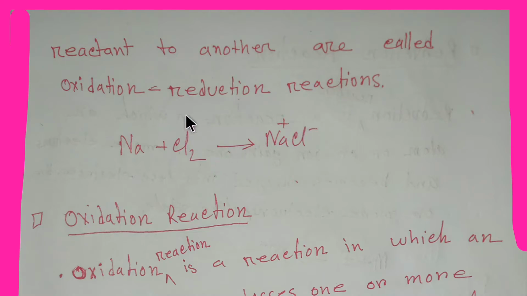So in an oxidation reduction reaction, one reactant will gain electrons and the other reactant will release electrons. Here you see that sodium is releasing an electron and chlorine is accepting an electron. So this is an oxidation reduction reaction.